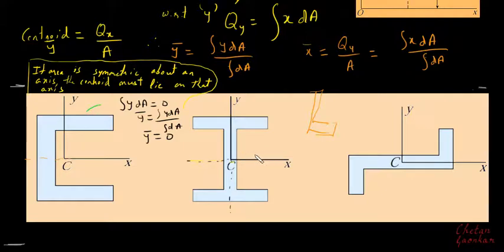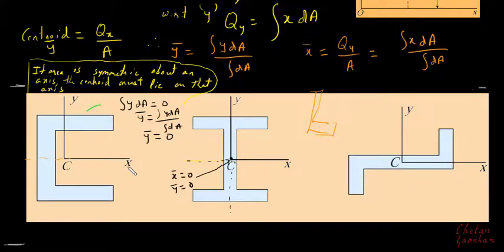So the y bar has to be on this axis, and since it is symmetric about the y-axis, the x bar should also lie on the y-axis. So in that case we can understand that here x bar is 0, y bar is also 0. That tells us that our CG lies right here. We could judge this only because it is symmetric about both the x-axis and y-axis.